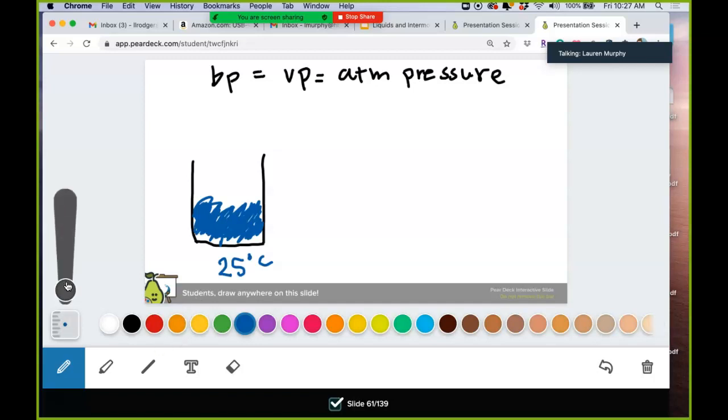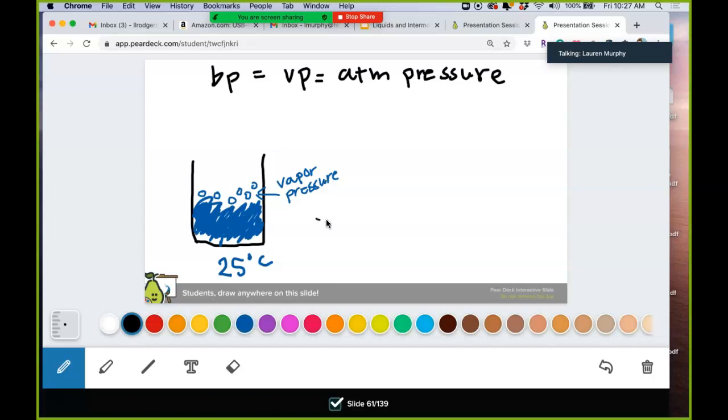And in fact, some molecules are moving fast enough to escape into the gas phase even though the water is not boiling. Okay? Some of them will be able to escape into the gas phase. So these gas molecules have vapor pressure. They have pressure because they're in the gas phase.